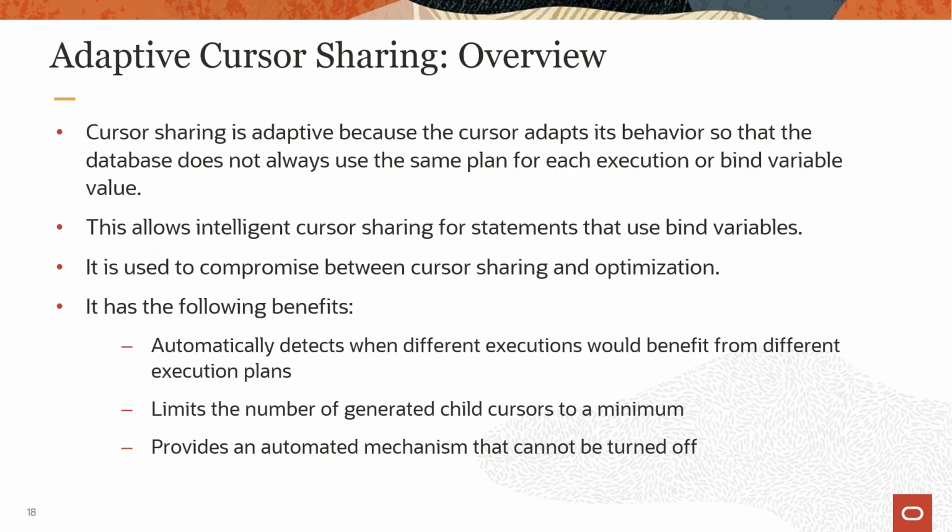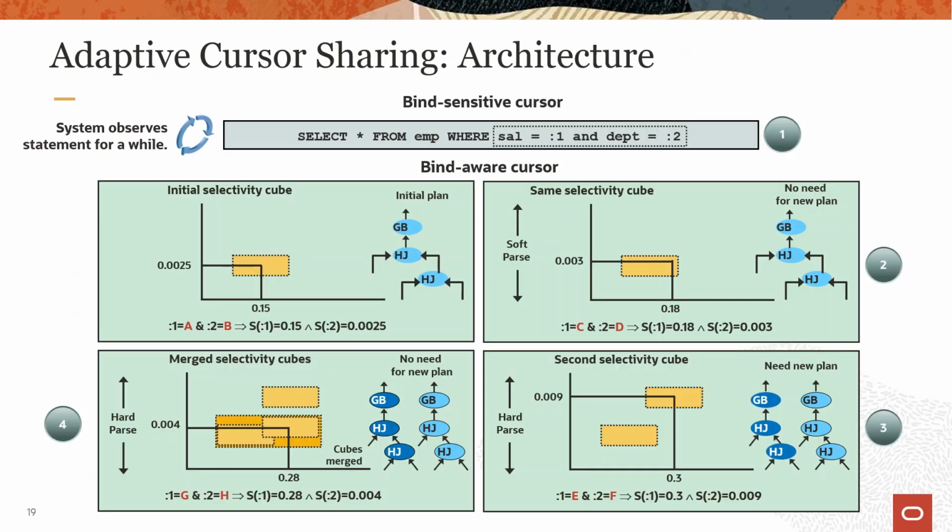So I've shown you a demo so that you have an idea how this actually works. What's happening is that the very first time you execute this select statement, based upon the values of both bind variables, that's the bind peeking, it is going to calculate the selectivity.